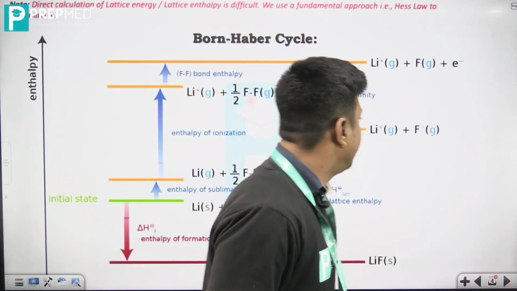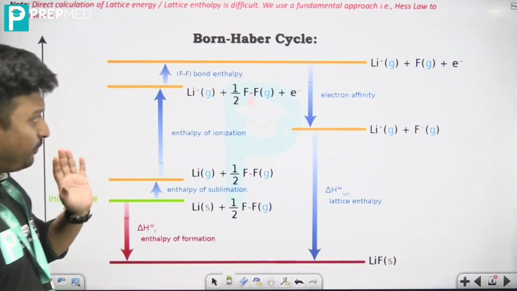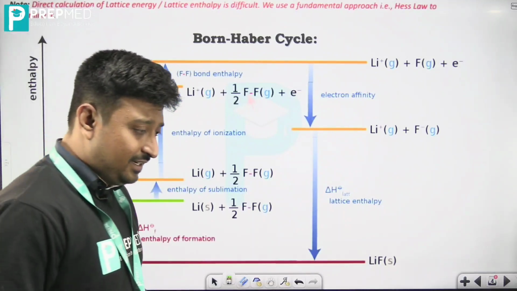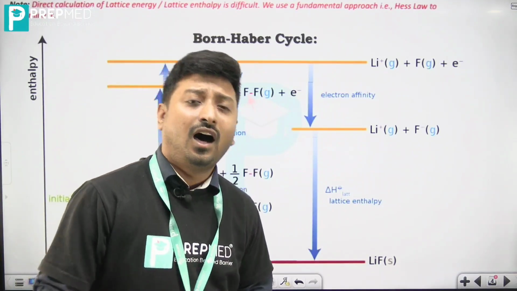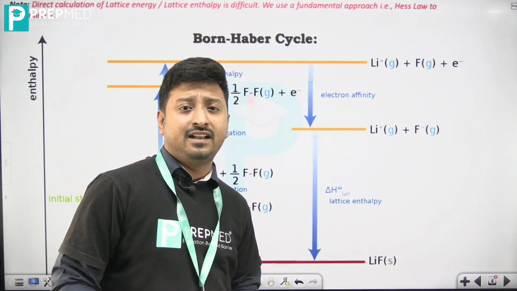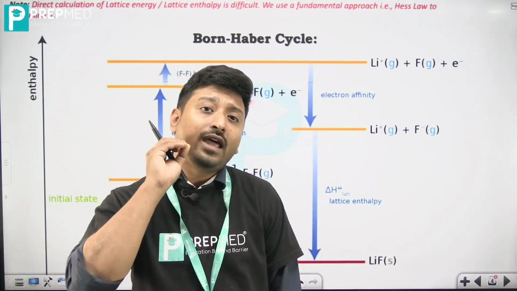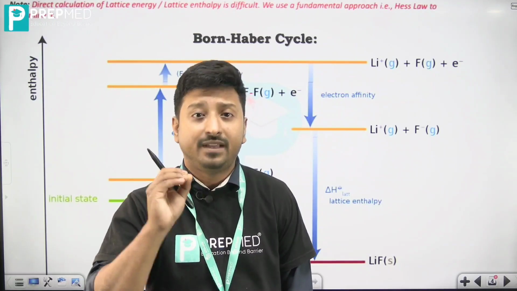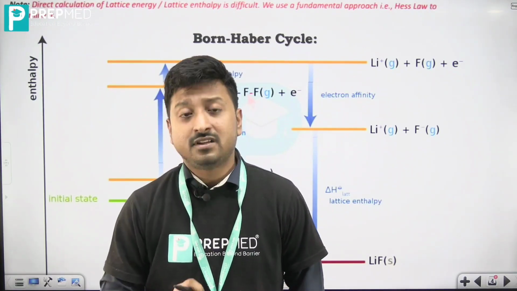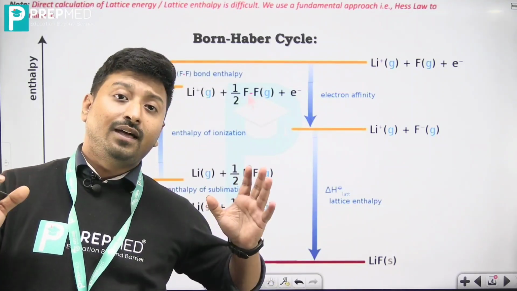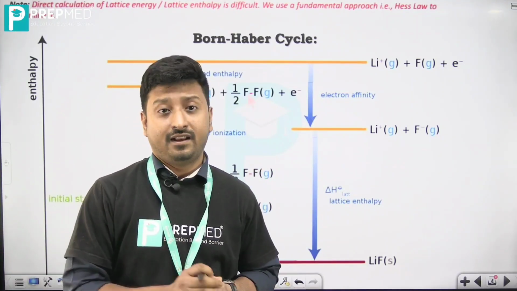So let's look first at this lattice energy. Before going to that, let's see how this lattice energy is determined. Let me tell you all, no effective and foolproof method has been discovered experimentally to determine the lattice energy exactly, okay.